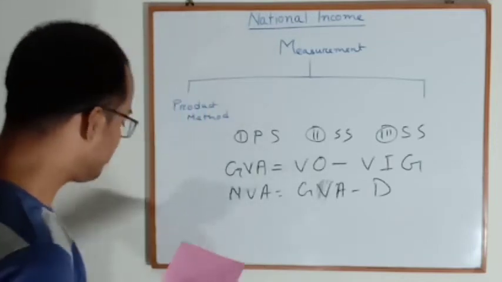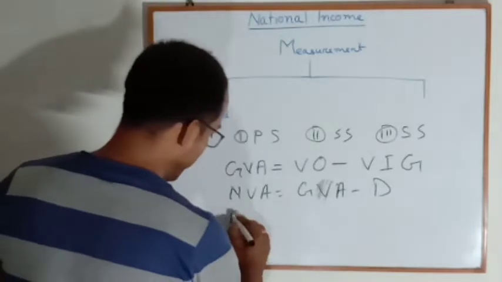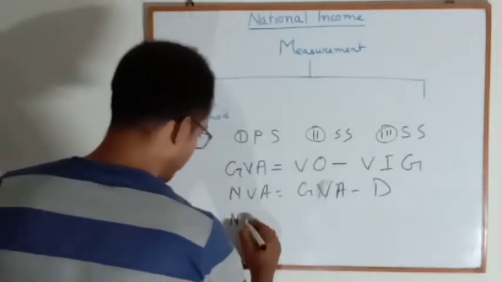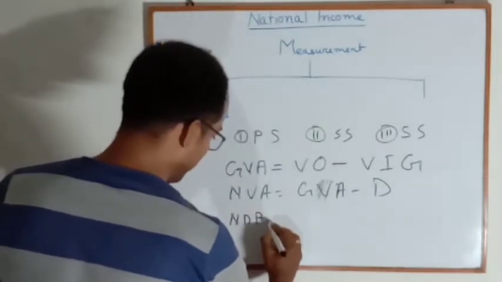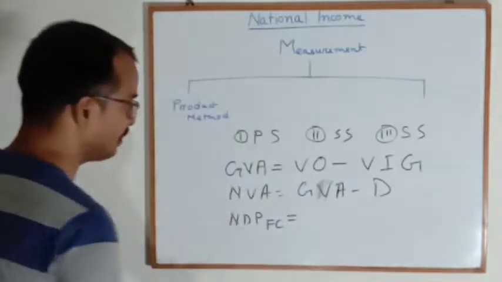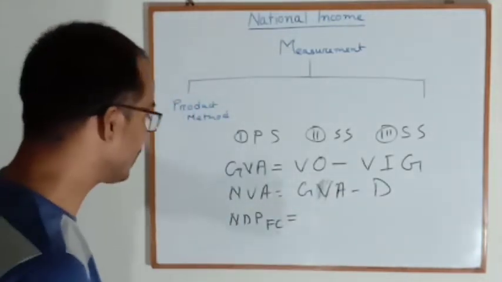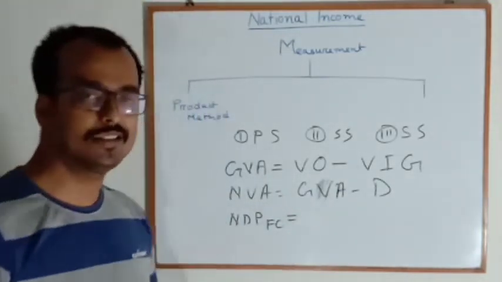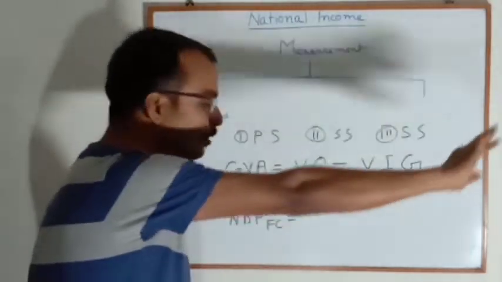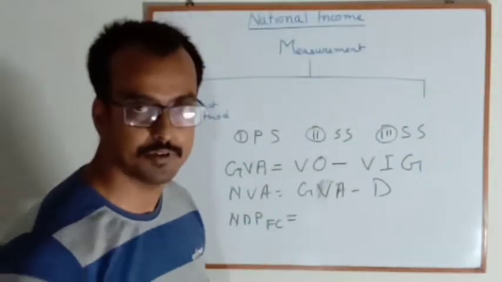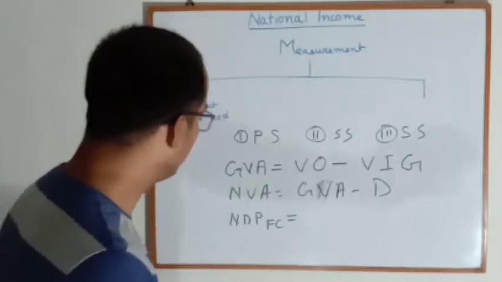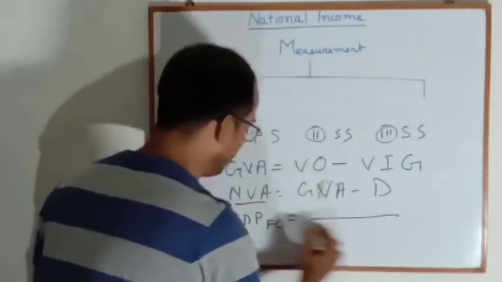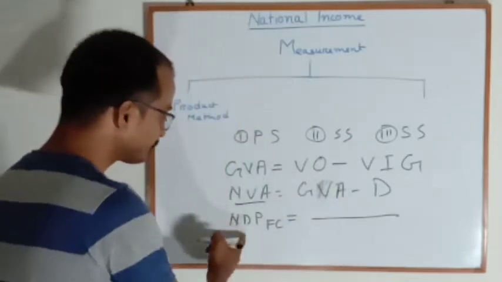Then from this we can get net domestic product at factor cost. From net value added, we can get net domestic product at factor cost. How? Just you have to add the net value added of all the sectors. For all the sectors, you add the net value added, you get it.